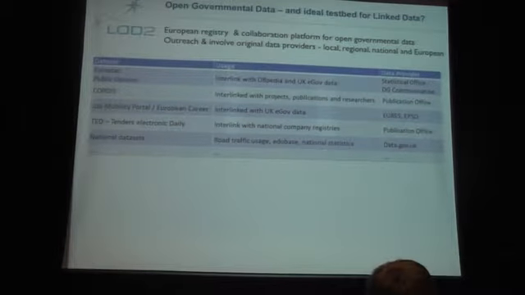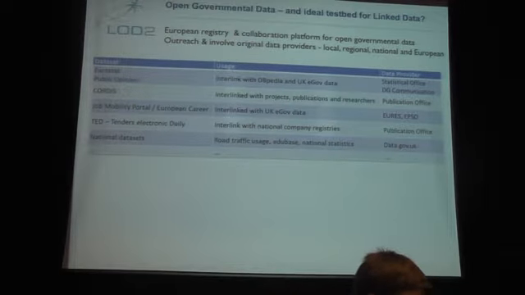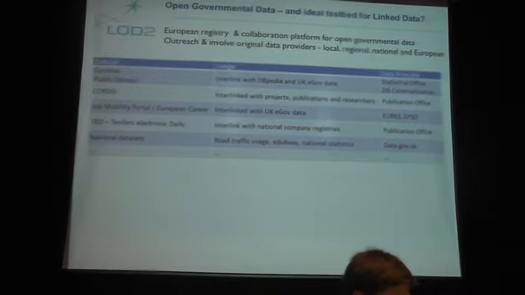In the open government data use case, which we think is maybe an ideal test bed for linked data, we work on this pan-European registry or open data portal, to say it like this. You see we work on regional levels, then on country levels, and then there are levels of European areas like Eurostat, for example.